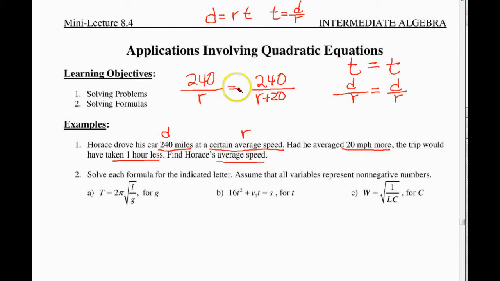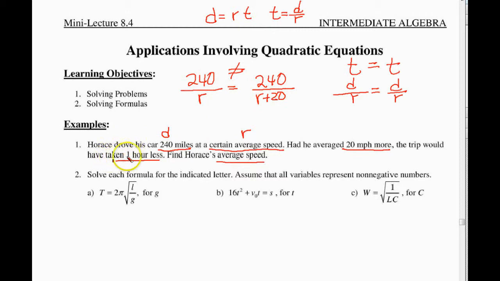It's not equal yet, by the way. But we're setting it up. 240 divided by the rate plus 20 miles an hour faster per hour. Now, here's where we get to make it equal.